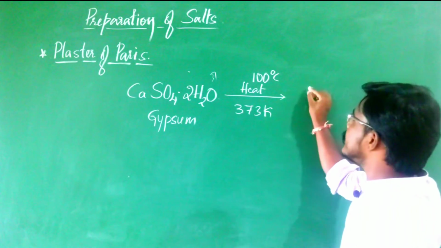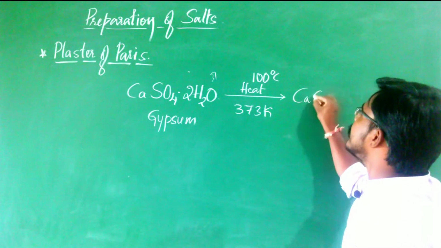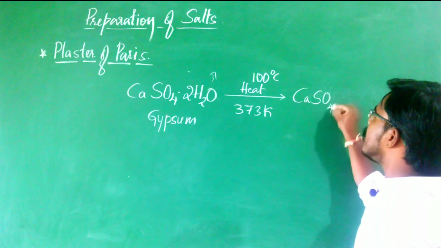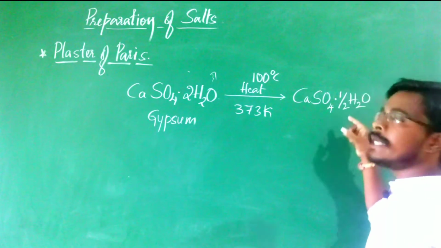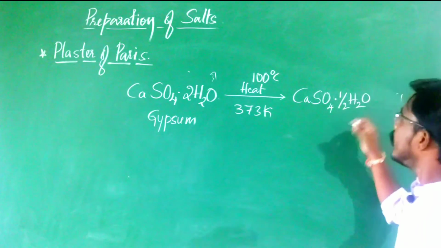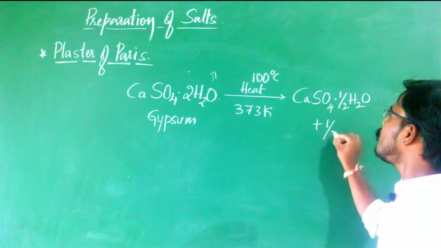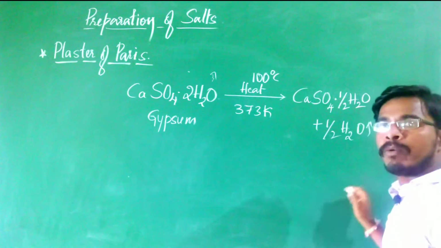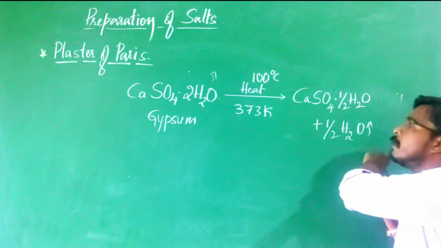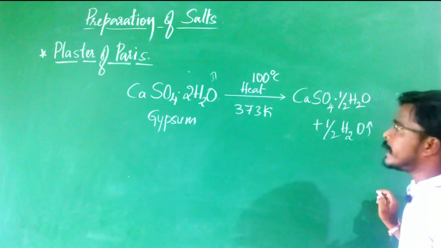Let me write here: when the calcium sulfate is heated, it will consist of only 1/2 molecule of water. With that, 1.5 molecules of water will get evaporated and be completely liberated outside.